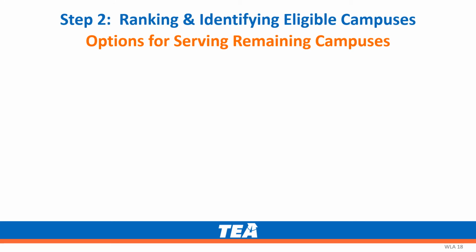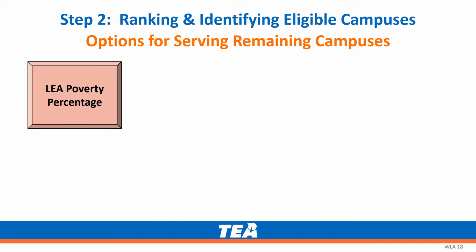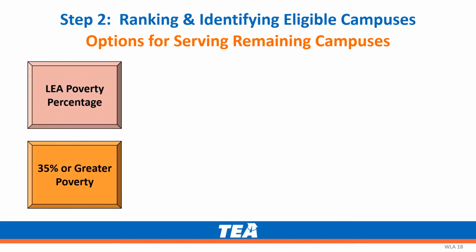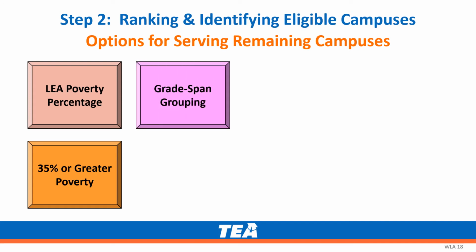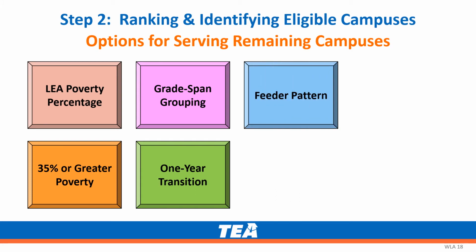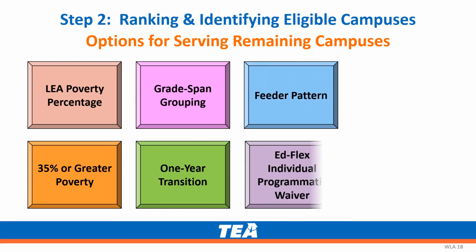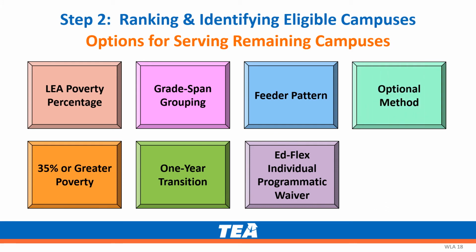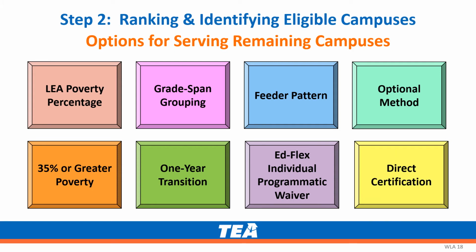These options include the LEA poverty percentage, serving a campus above 35% poverty, grade span grouping, one-year transition, feeder pattern, EdFlex individual programmatic waiver, the optional method, and direct certification.